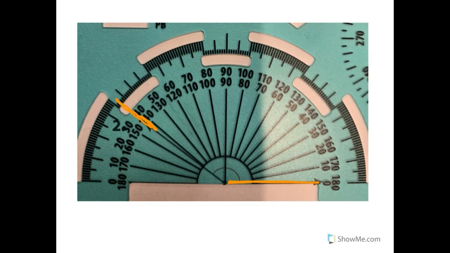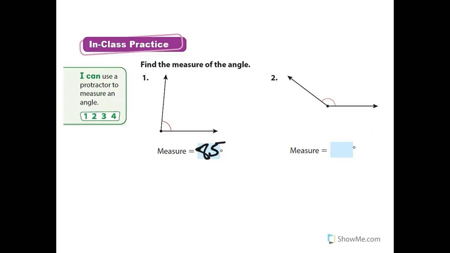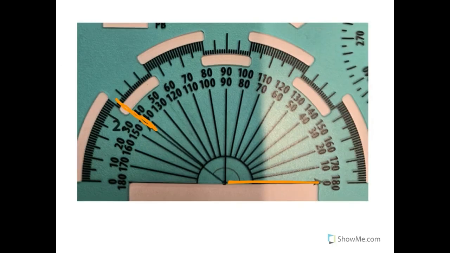It's slightly more than 140, so let's say 143. Now when we do an angle like this, if you said 141 or 142, I'm okay with that. Just understand that it's at the 140. It's not at 150 going this way. It's 140 going this way.